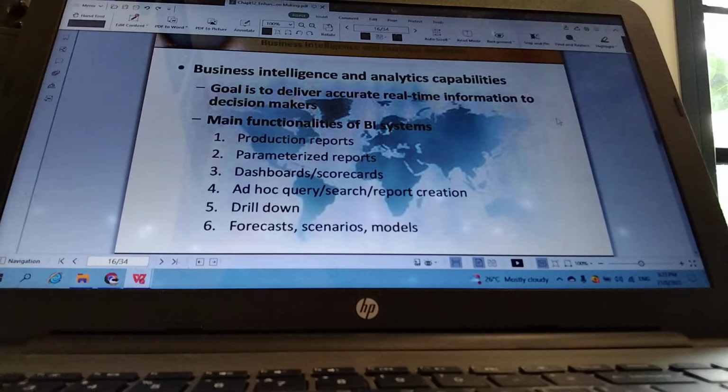And these are the main functionalities of the BI system. Besides, there are many other features and details that can also be seen within the BI system.